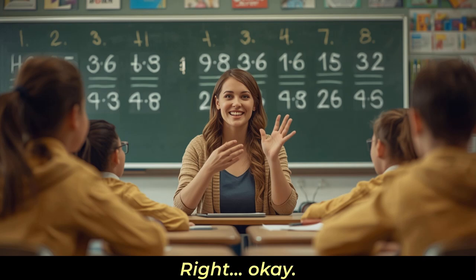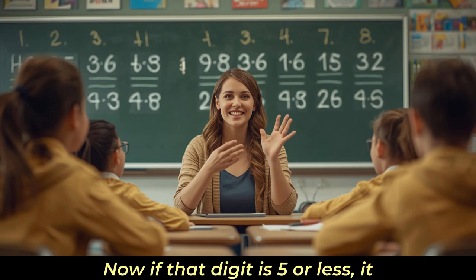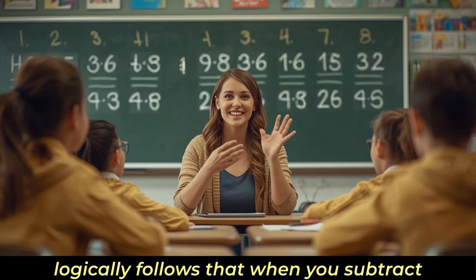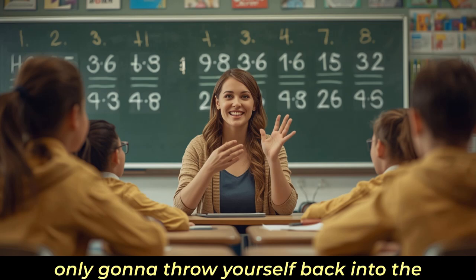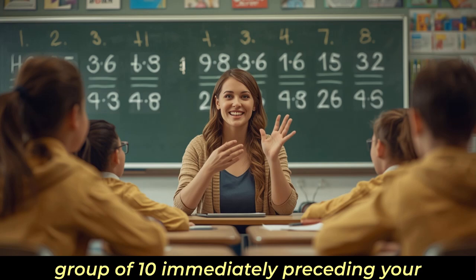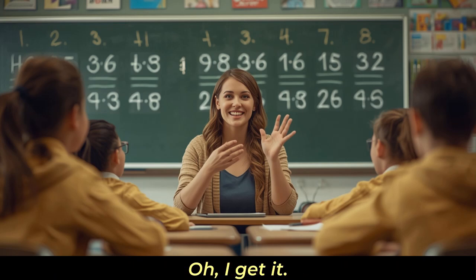Right, okay. Now, if that digit is 5 or less, it logically follows that when you subtract it from a multiple of 10 twice, you're only going to throw yourself back into the group of 10 immediately preceding your starting point. Oh, I get it.